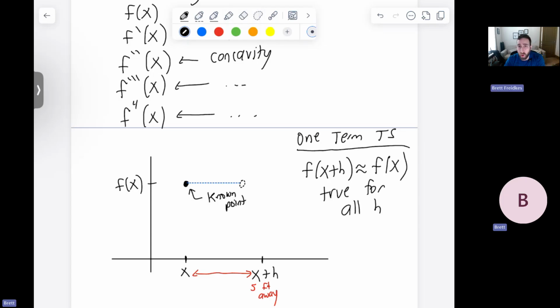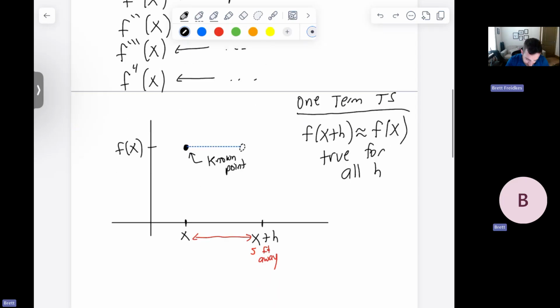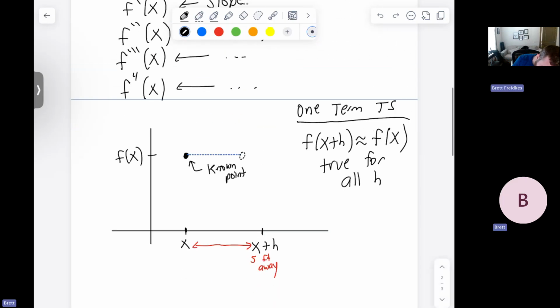Which means that if I go 20 miles down from where I threw the paper airplane, it's still going to have this flat trajectory, which is not accurate. So having one term in our Taylor series doesn't really do us a whole lot of justice because we don't have enough information about our starting point to have an accurate representation of what our paper airplane is going to do.